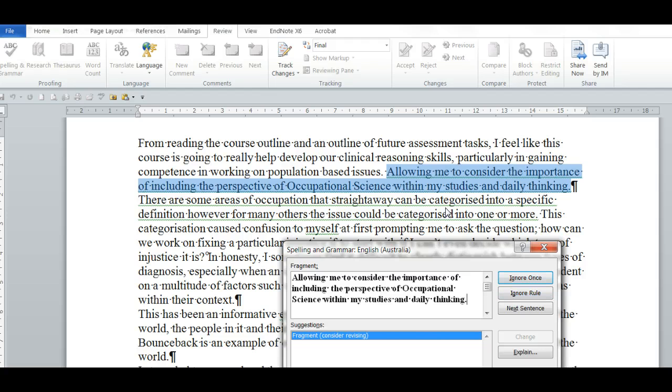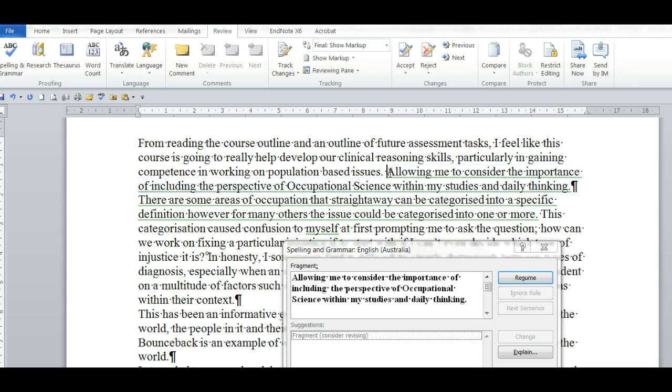Allowing me to consider the importance of including the perspective of occupational science within my studies and daily thinking. That's a fragment sentence. It's not a complete sentence. It kind of looks like a complete sentence, but what is allowing you to consider the importance of including this? Or what does allowing you to consider the importance do? Okay, so it's what does it do with your studies? So you can change the sentence two ways.